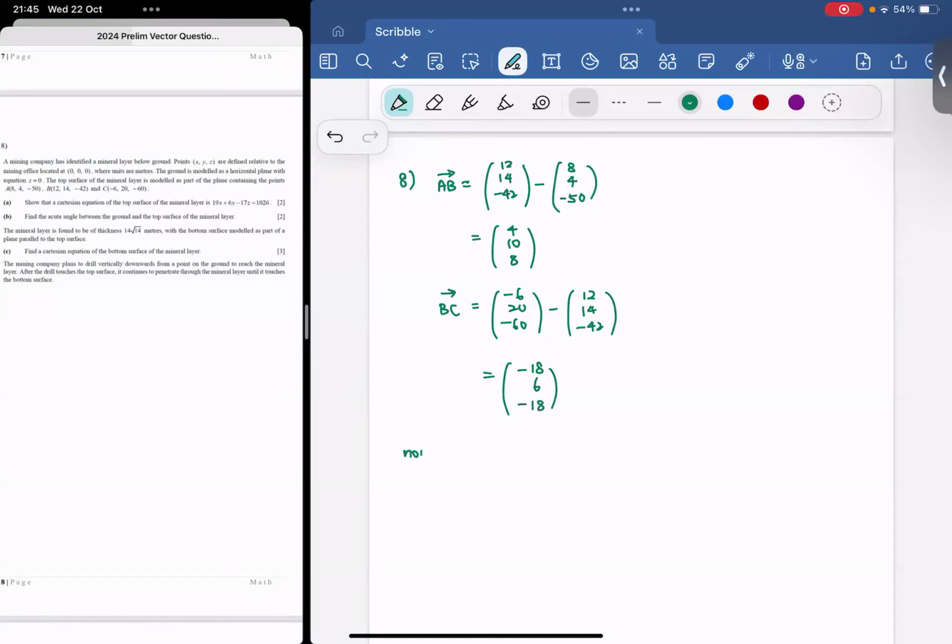So the normal vector of the top surface is just 4, 10, 8 cross minus 18, 6, minus 18. Actually, you can simplify: 2, 5, 4 cross minus 3, 1, minus 3.